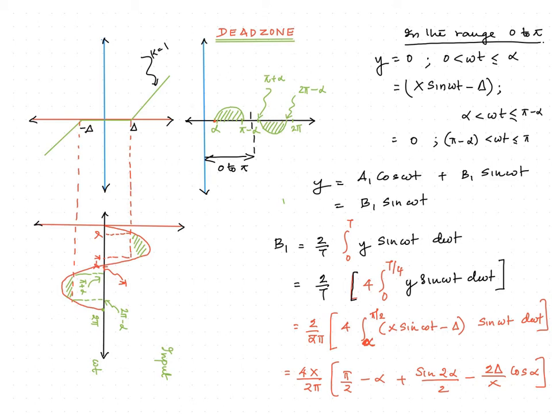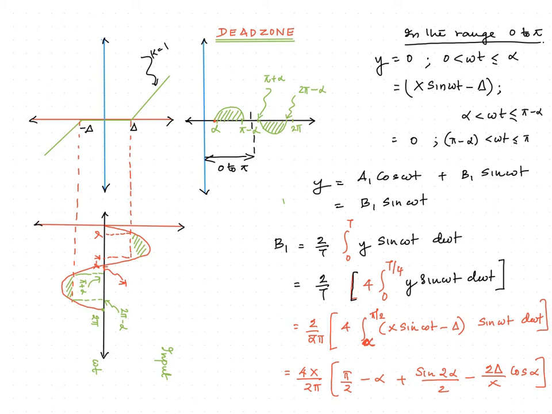Hence, the magnitude of the output at any instant beyond alpha would be X sin omega t minus delta. That is, at every instant of time beyond alpha, the magnitude would be delta less than X sin omega t, where X sin omega t is the input signal.